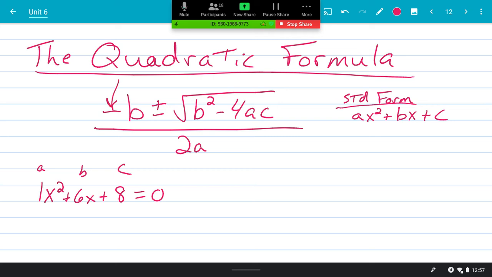Now, this negative sign, sometimes we read negative signs as opposite. So the first thing I could do is take the opposite of B. Well, B I can see is 6.